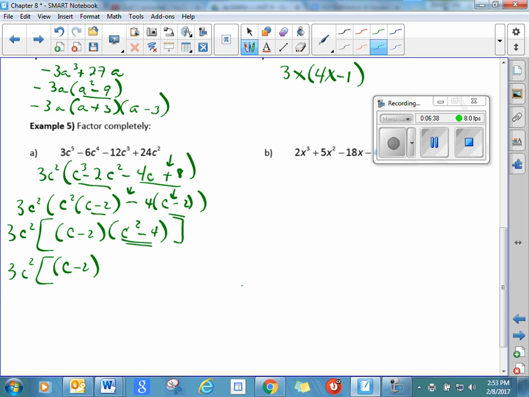So that becomes c minus 2, c plus 2. You think you're done? Not yet, because I want to write this in exponential form. So now my answer is 3c squared times c minus 2 squared times c plus 2.